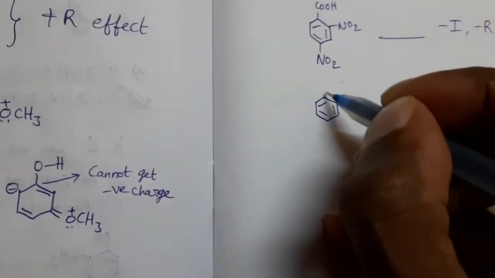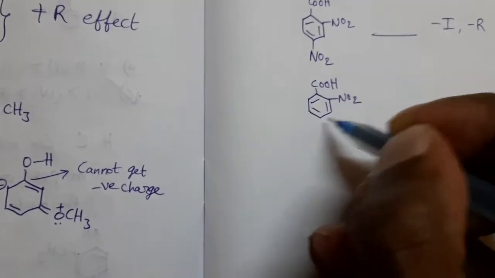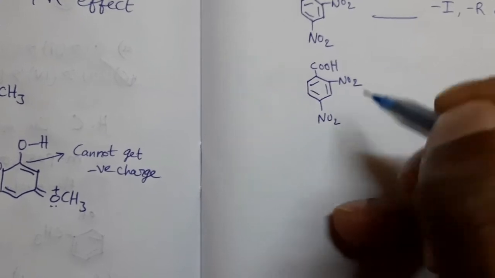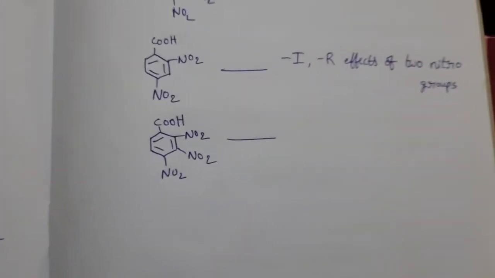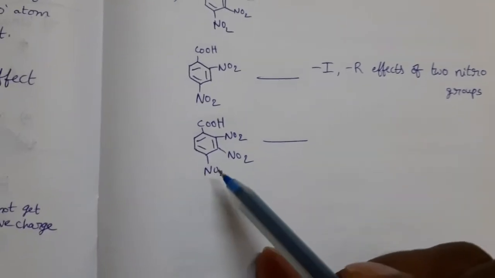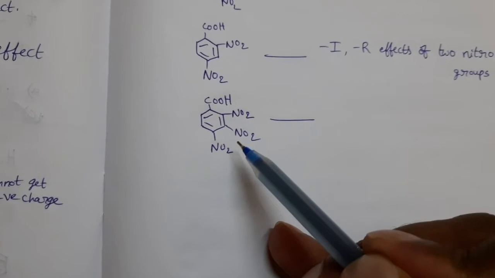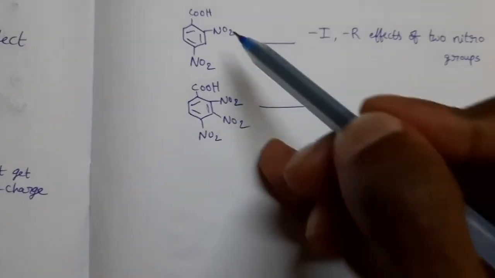And next, this one, COOH, structure 4 I am writing. Here, how many NO2 groups? 3 NO2 groups. You may get a doubt. In this, more electron withdrawing groups are there than this one, so its acidic character should be more than this.